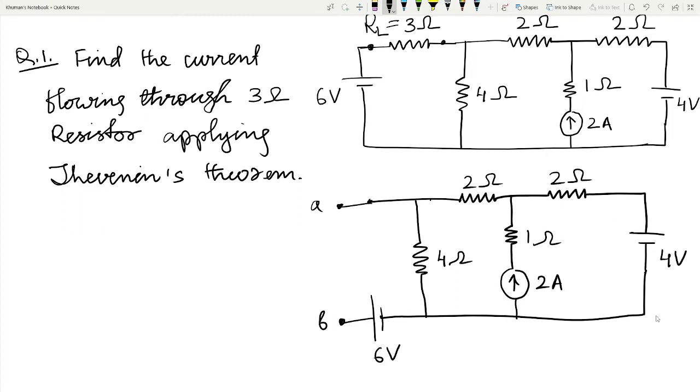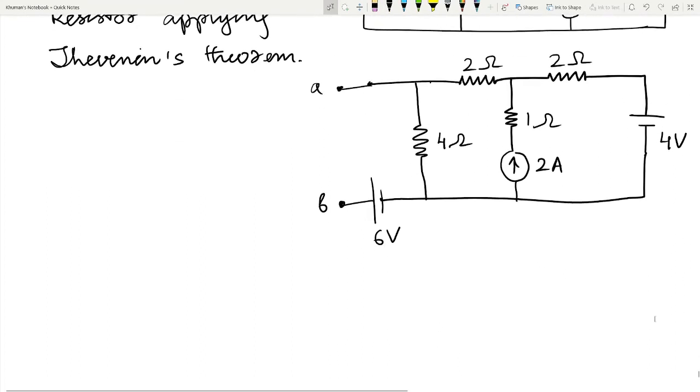We can redraw the circuit like this. Then in the next step, we have to find the Thevenin equivalent resistance.